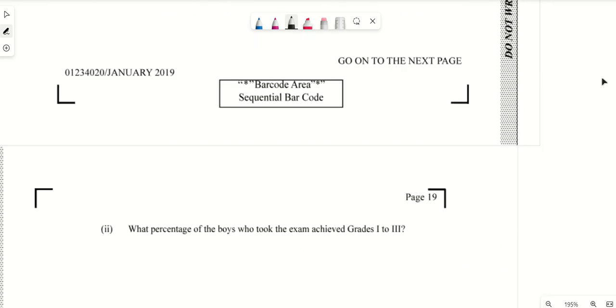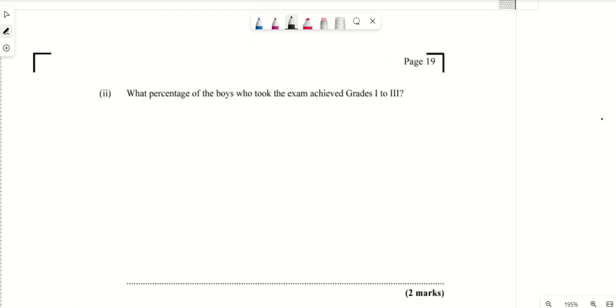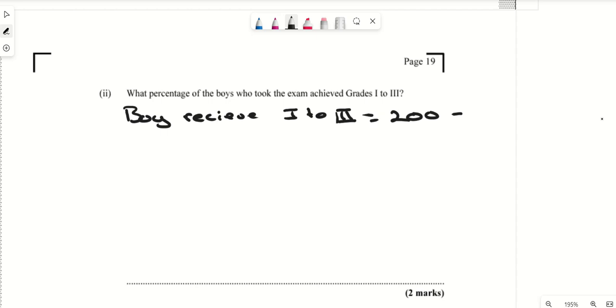So the boys who received 1 to 3 would be the total, which was 200 boys minus the ones who got 4 and 5, which was 30 plus 8, which is equal to 200 minus 38, right, which is equal to 162.